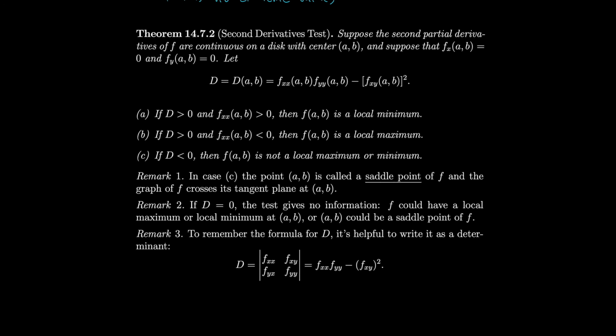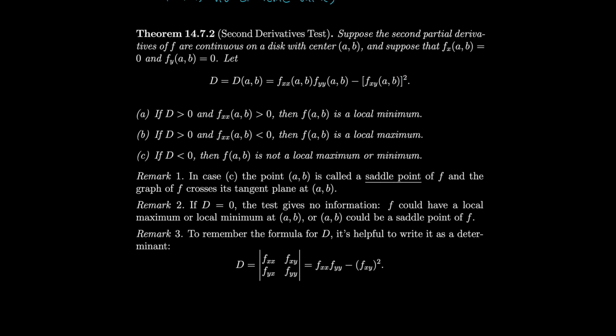Suppose the second partial derivatives of f are continuous on a disk with center (a, b), and suppose that each of the first partials is 0. Then we let D at the point (a, b) equal the second partial of f with respect to x times the second partial with respect to y, and then we subtract the mixed partial squared.